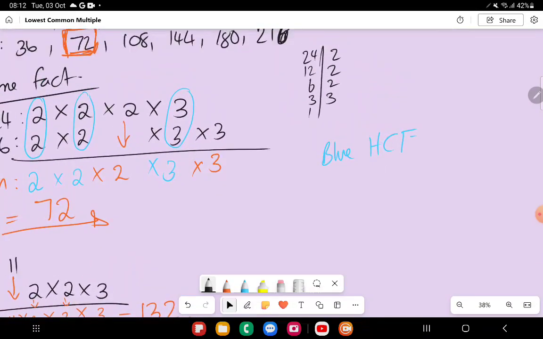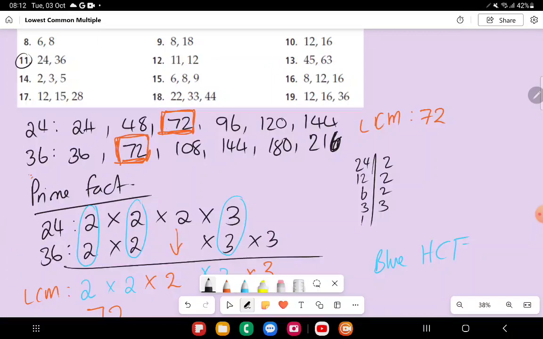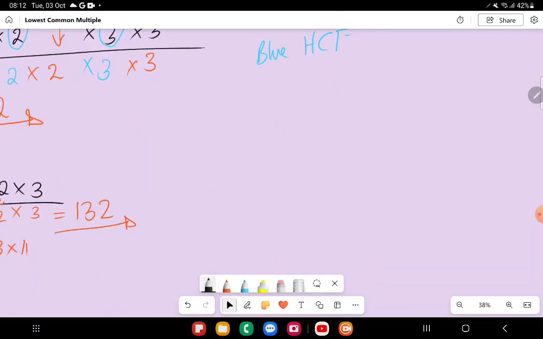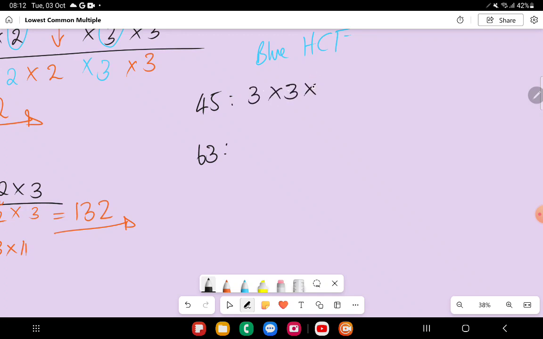Question 13, 45 and 63. Let's do the factors. 45 is going to be 3 times 3 is 9 times 5 gives me 45. 63 is 3 times 3, which is 9, times 7, which is 63.